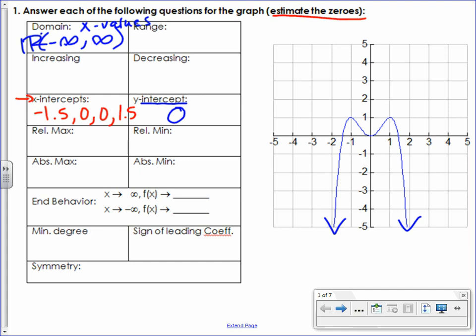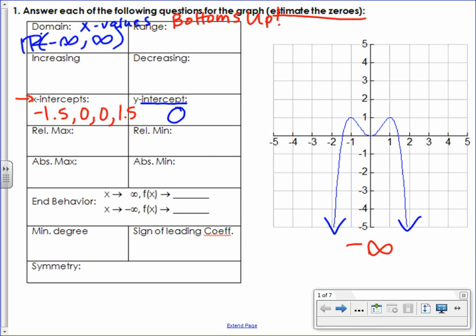Now my range is my y values, but the one thing that people often forget is that we read the range from the bottom up. So bottoms up is an easy way to remember it. So if I start from the bottom, my graph is going down to negative infinity.